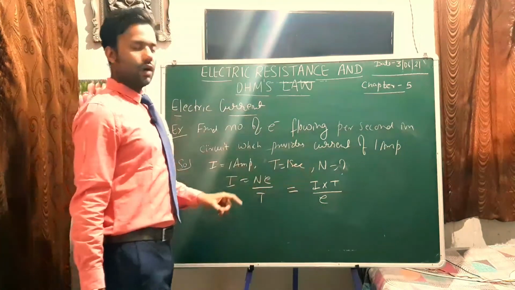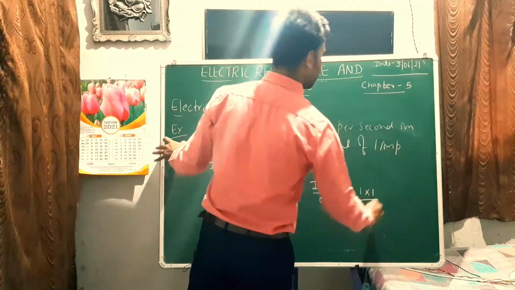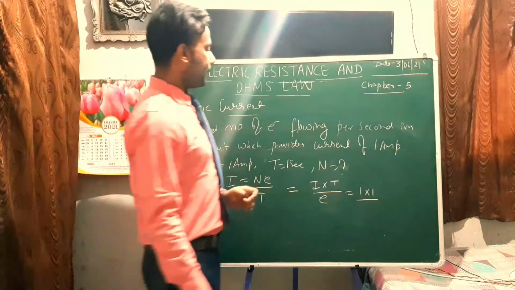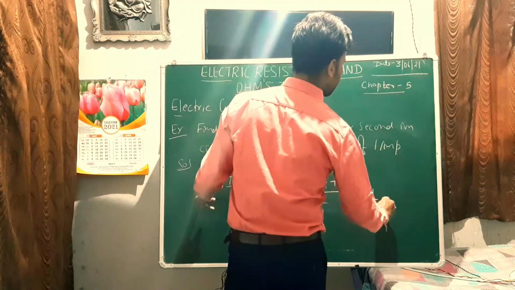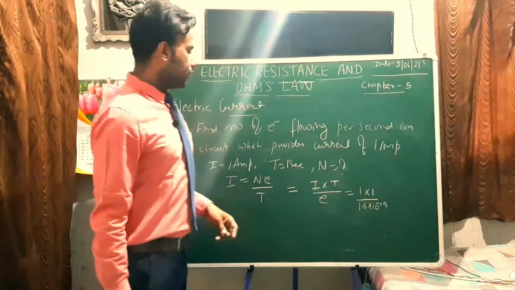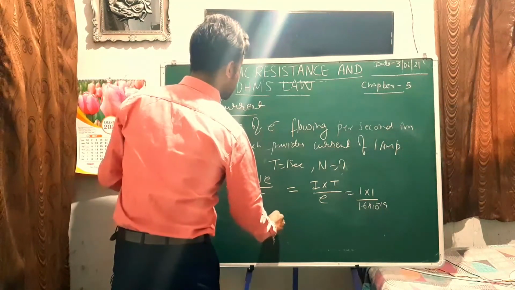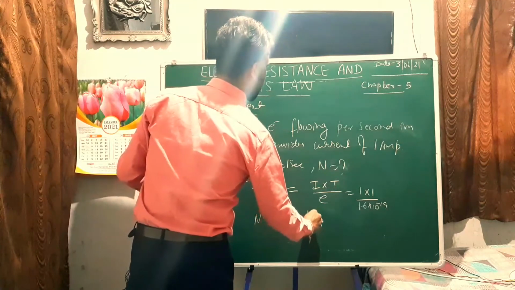I is 1 ampere, T is 1 second, and what is the value of e? This is the charge of the electron. It is 1.6 into 10 to the power minus 19. So when you solve it, you will get N equals 6.25 into 10 to the power 18.